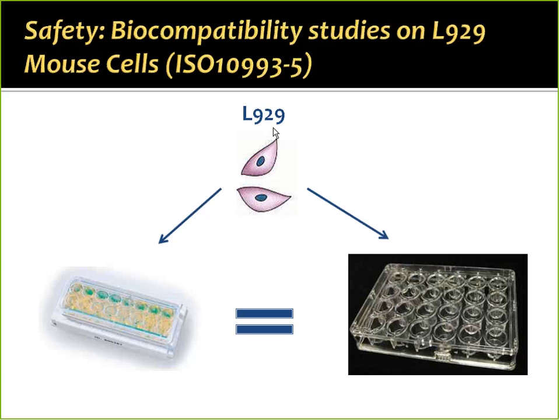We first begin by soaking our test material in complete media at 37 degrees overnight, and then we place that extracted material in the media onto freshly seeded L929 cells for 72 hours. And typically what we did before is we seeded them in these 24-well plates and monitored them by eye, visually, using a microscope.